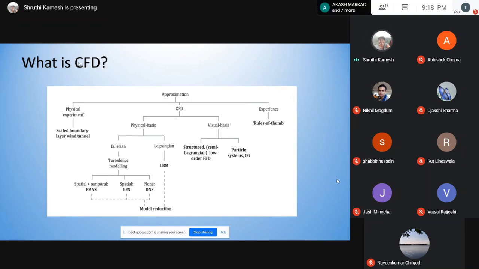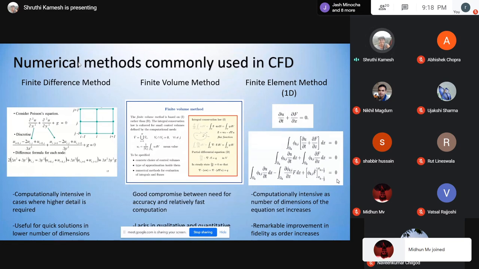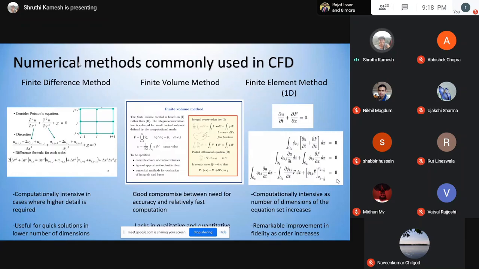I think I would need to get into numerical methods commonly used in CFD. Now, there are a vast number of numerical methods used to solve partial differential equations in general, but to solve the equations of fluid dynamics, those that govern flow, like a simple convection or advection, which is fluid moving from one part to another, or diffusion, which is the amplitude of something decreasing over time.